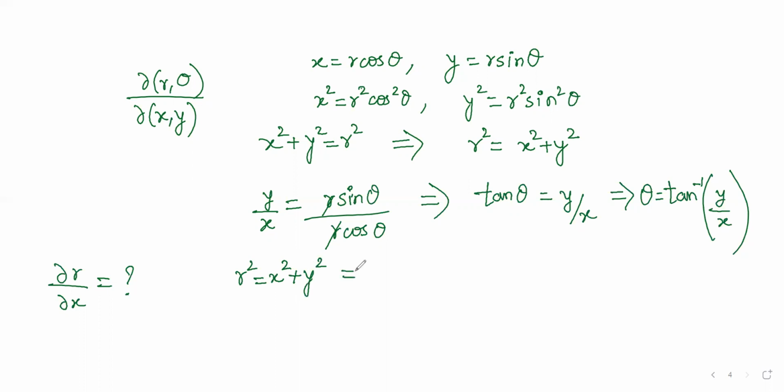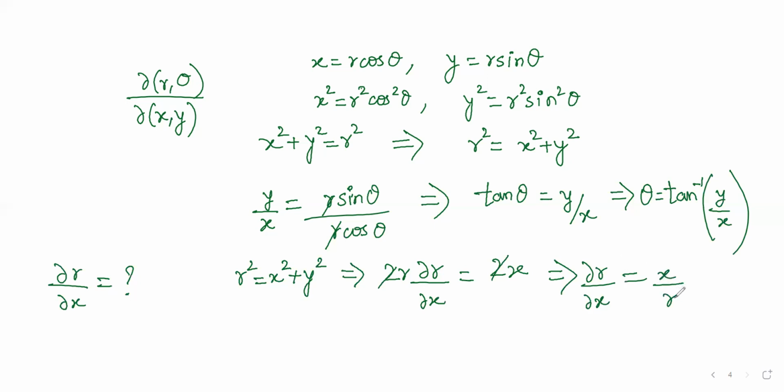If we differentiate this equation with respect to x, we get 2r delta r by delta x is equal to 2x. So 2 and 2 cancel out and we get delta r by delta x is equal to x by r.